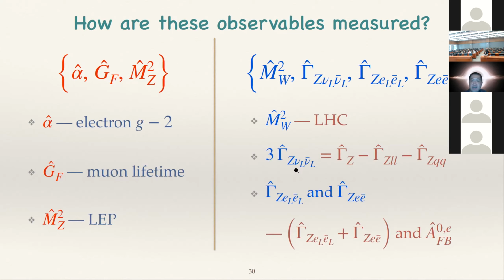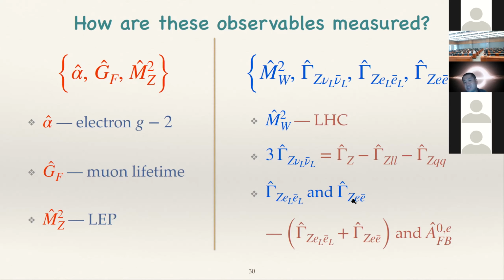And then we have the Z to neutrino branching fractions. How to do that? We use the total Z width minus the Z to leptons, then minus Z to quarks, which are the hadronic partial widths. We do the subtraction and divide by 3 to get the Z to neutrino partial widths.